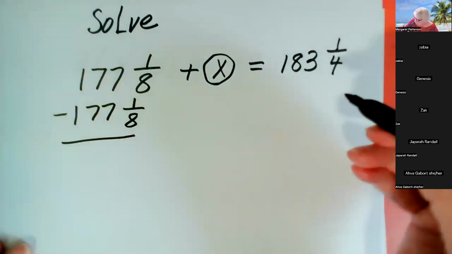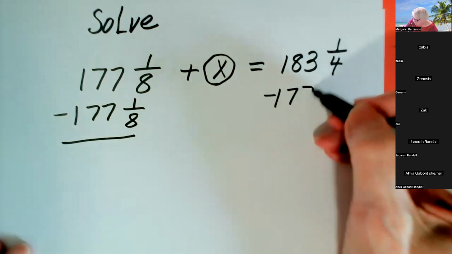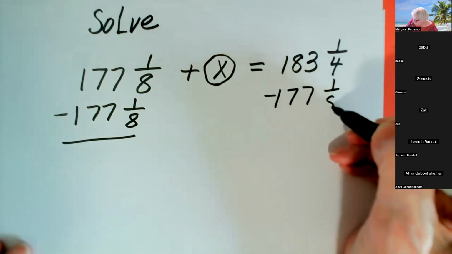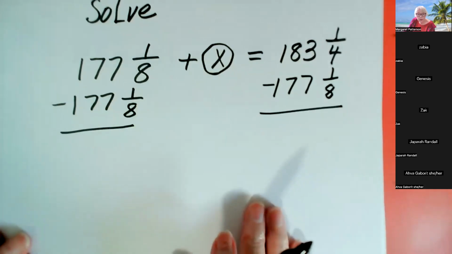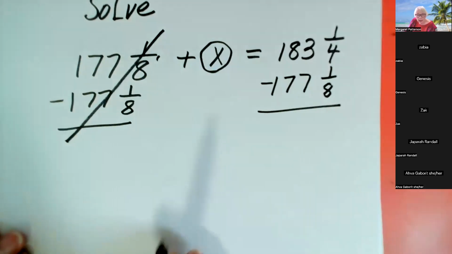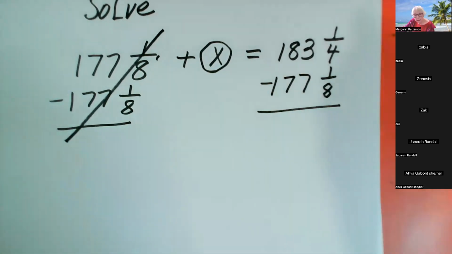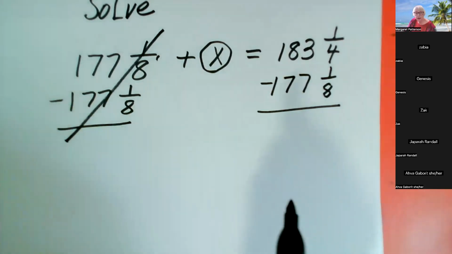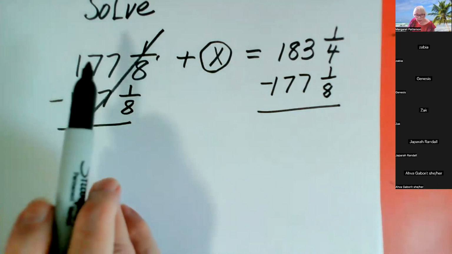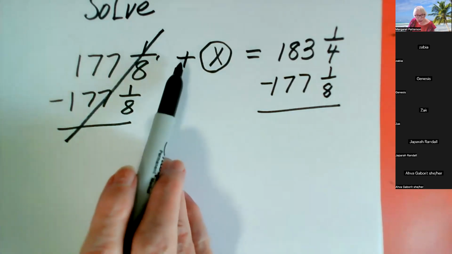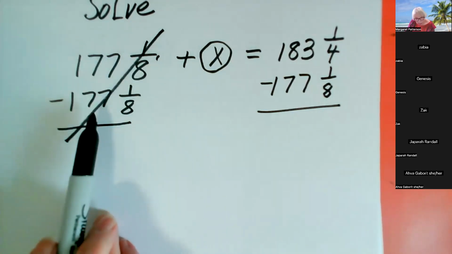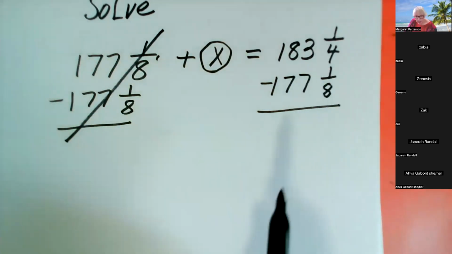So even though it got ugly, the process did not change. You want to ditch the number. See how it's added to that? You want to subtract it.